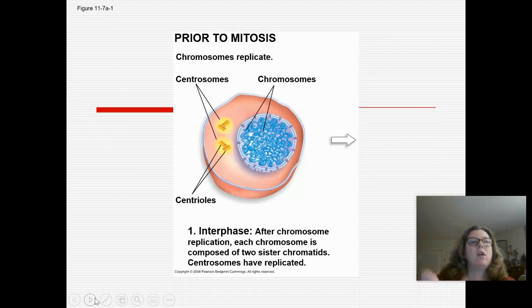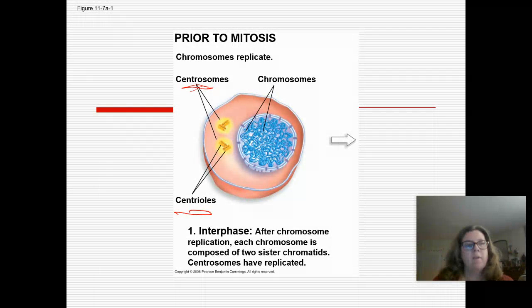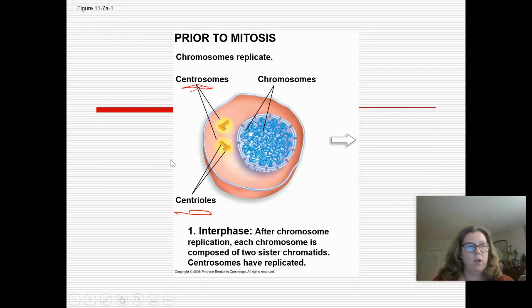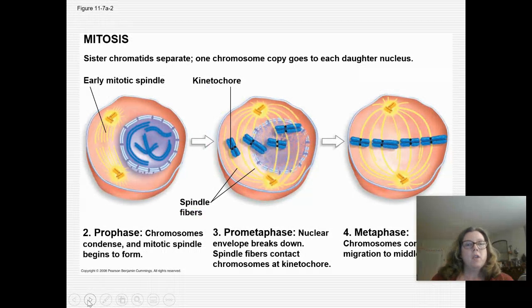You also have an area called the centrosome, and the centrosome creates centrioles, but centrioles are only present in animal cells. Plant cells would have other proteins present, but you're not going to see centrioles forming in plant cells. All right, so at the end of interphase, mitosis occurs, right?